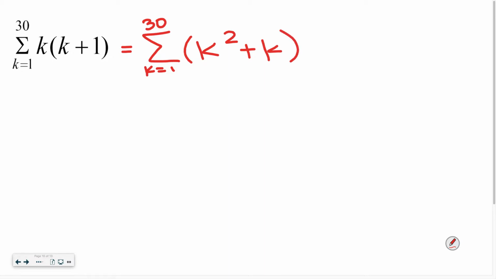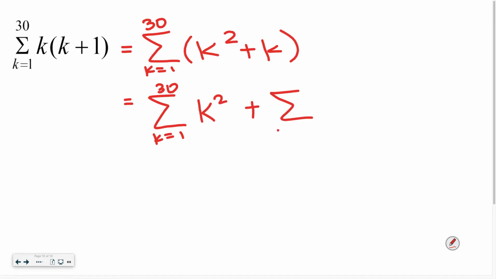And since we know those handy dandy properties, this can be the summation from 1 to 30 of k squared plus the summation from 1 to 30 of k.